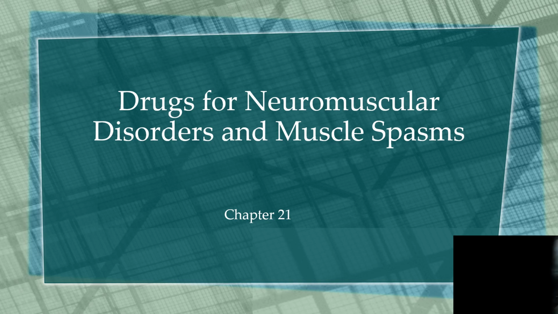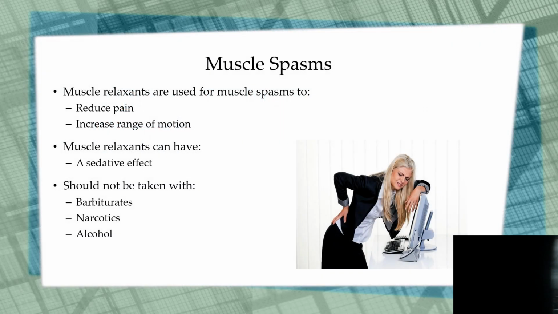Now we're going to move on to drugs for the neuromuscular disorder and muscle spasms. Muscle spasms can occur at any time. Muscle relaxants are used for muscle spasms, and they are used to reduce pain and increase range of motion.